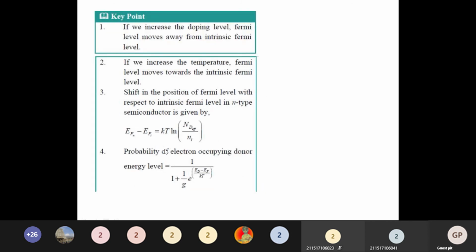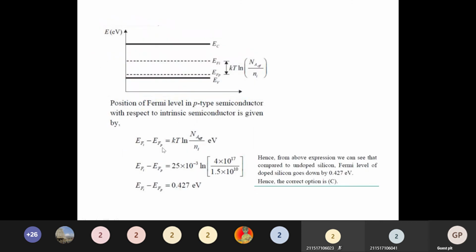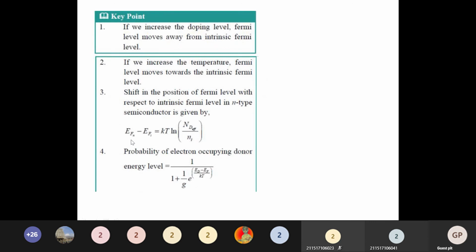Then the next one, EFn minus EFi. So this is n type, so donor Nd. Same formula, but EFn minus intrinsic, and here the Nd concentration we have to write. Here it is intrinsic minus EFp, but here EFn, that is n type material, minus intrinsic. Small changes are there. The corresponding probability equation also we are having.